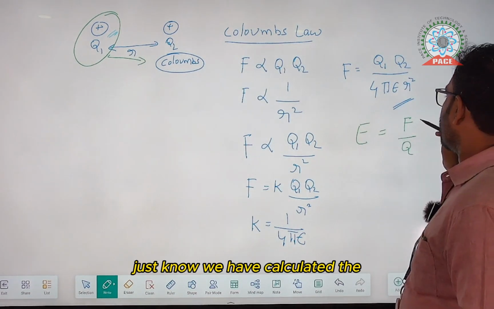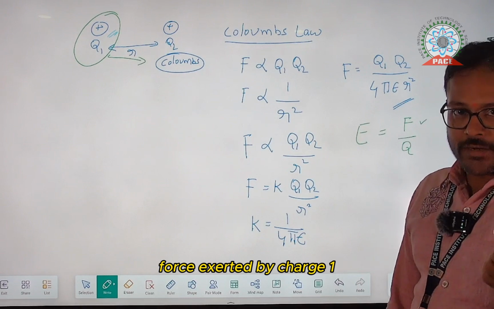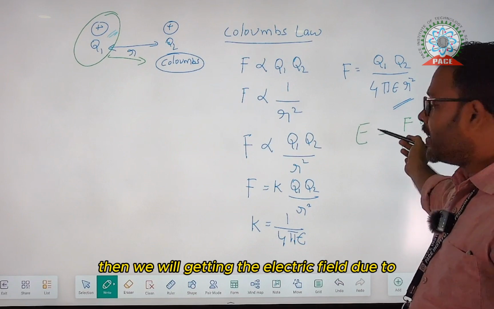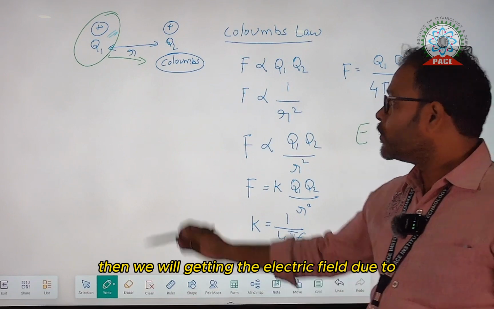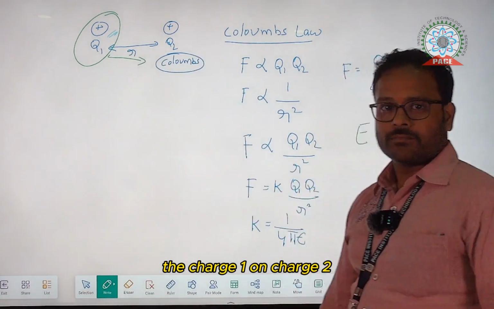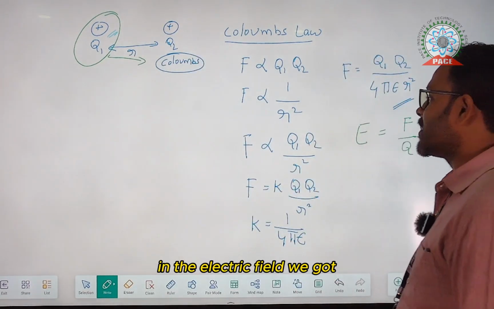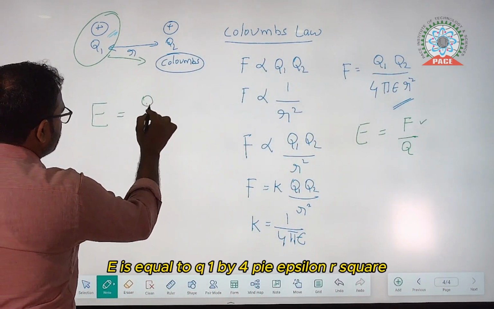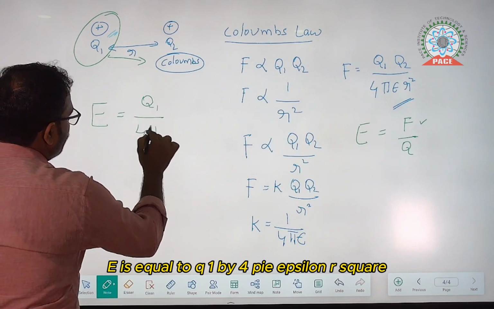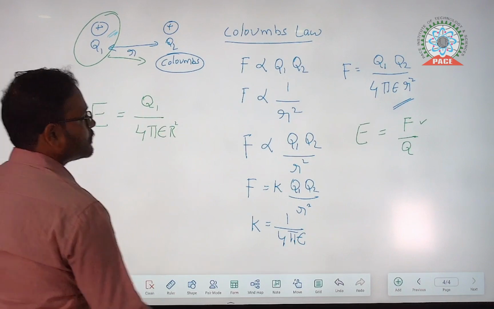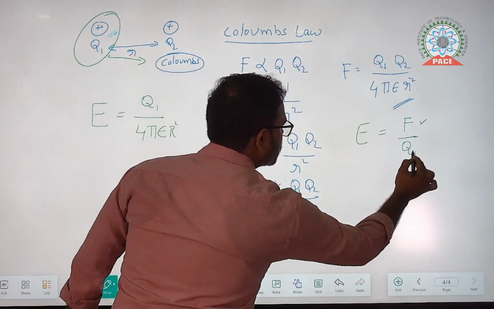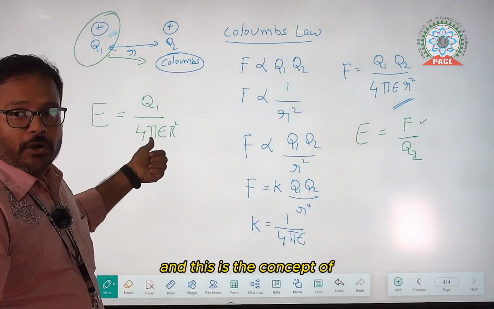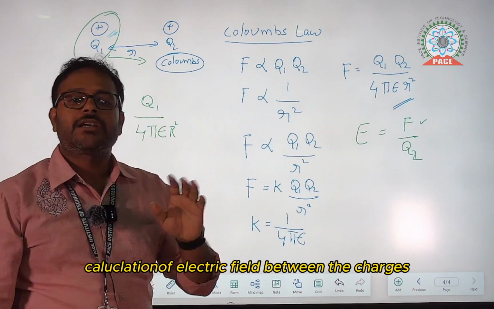Just now we have calculated the force exerted by charge 1. If the force is calculated per charge, then we get the electric field due to charge 1 on charge 2. So substituting the force expression in this electric field, we got E is equal to Q1 by 4 pi epsilon r square. And this is the concept of calculation of electric field between the charges.